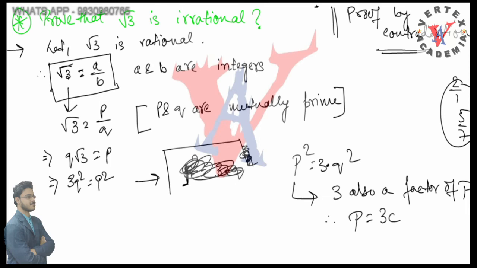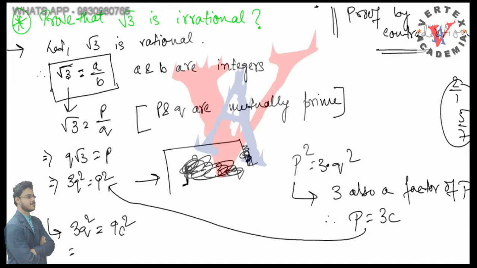If 3 is a factor of P, then P can be 3 times C. We can write this. I hope this is clear. Now substituting this value of P in this equation, we get 3Q square equals 9C square, or Q square equals 3C square.